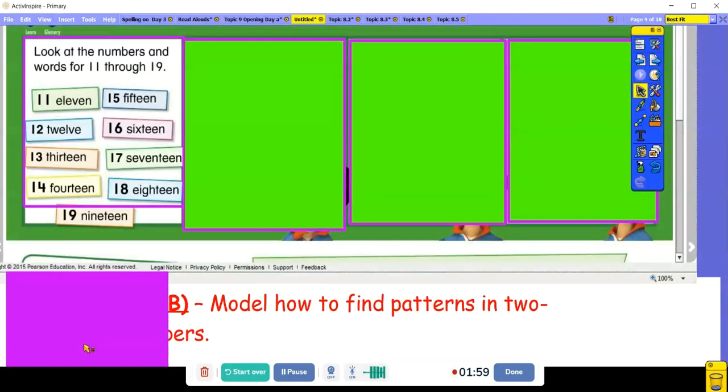If we look here, it says look at the numbers in words for 11 through 19. So we have 11, 12, 13, 14, 15, 16, 17, 18, and 19. Again, I want you to really pay attention to the 2-digit number and see if anything stands out to you.